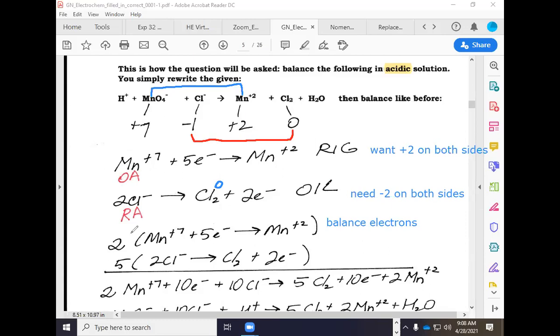If we multiply this half reaction by 5, we would get 10 electrons. So then we do the distributive property. And then all the reactants stay on the reactant side. All the products stay on the product side. And we have 10 electrons, 10 electrons.